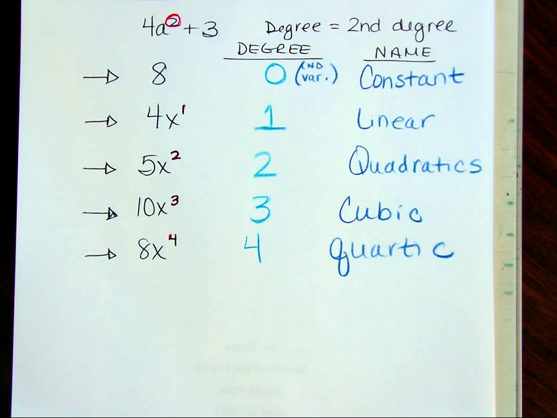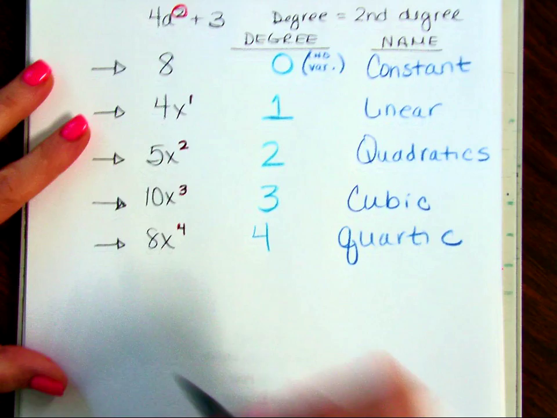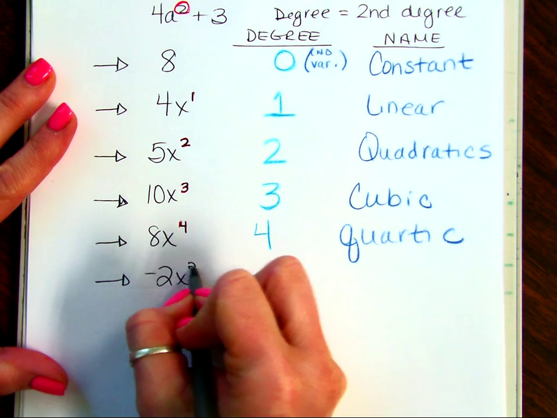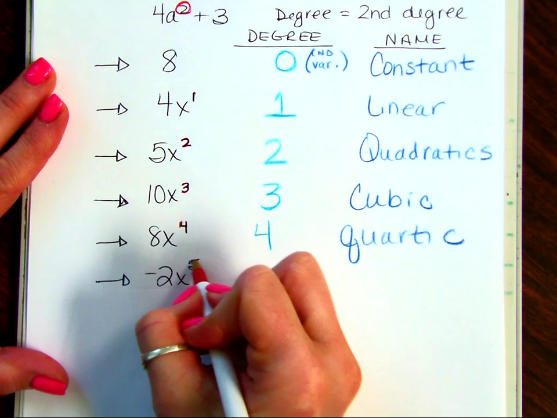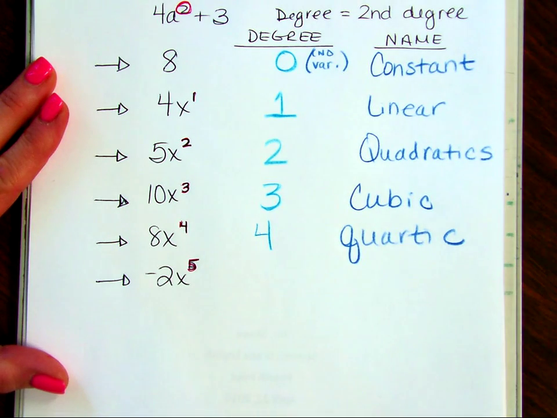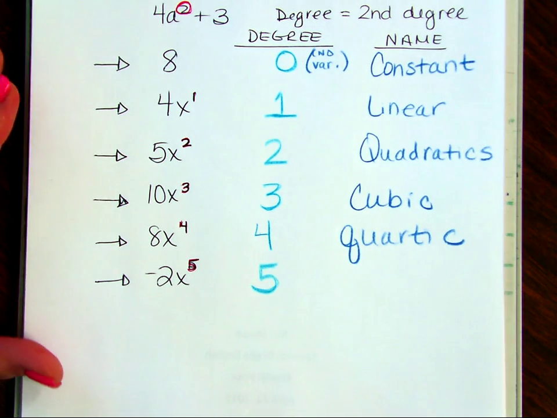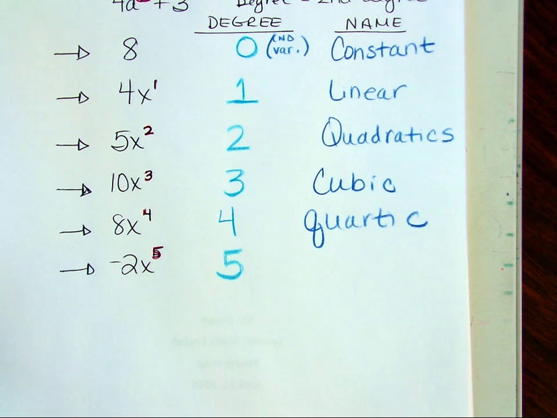Okay. And then our last one, let's say negative 2x to the 5th. So the 5th power gives you a 5th degree, and we call 5th degrees... Do you remember that little video of that little kid I showed you on Little Big Shots who was so smart? When he started by saying that number, it was 5 sets of zeros out.